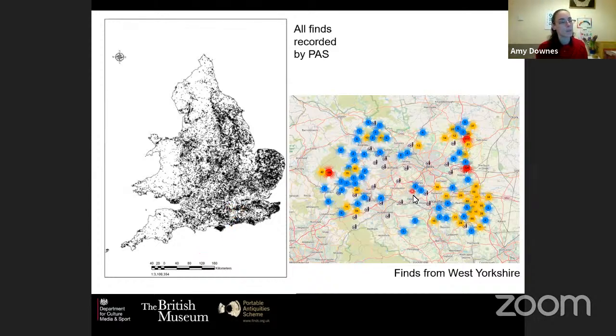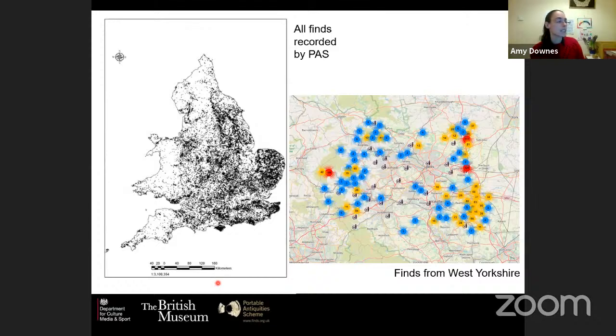This big swathe down the middle is where the cities are, because you don't get a lot of metal detecting in the middle of the town centre. There's also the pattern of land use, so you get more finds, and therefore more people detect, on arable land, and not so much detecting happens on grassland.